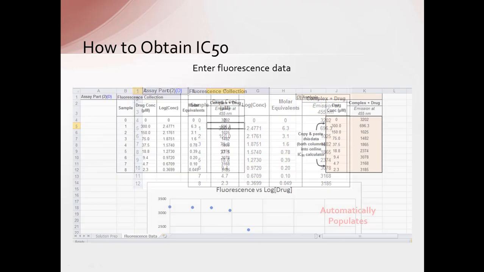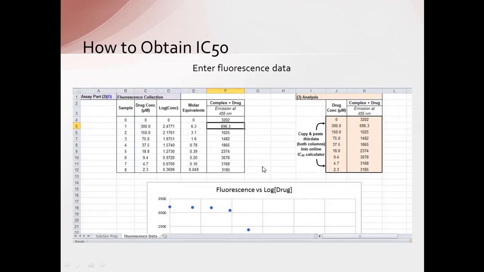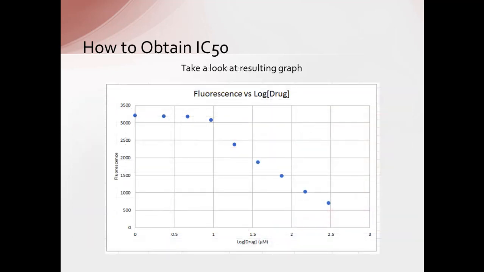And after you input your data, you should notice that two other portions of the sheet automatically populated. Okay? This column over here automatically populated, and then your graph should have automatically been drawn as well. So if you take a close look at your graph, you'll notice that we have the fluorescence signal on the y-axis and then the log of your drug concentration in micromolar along the x-axis.